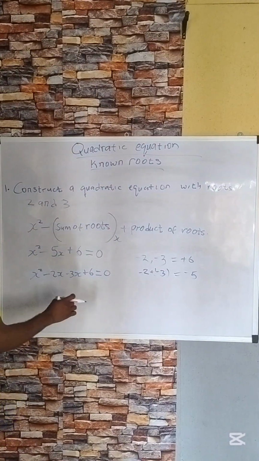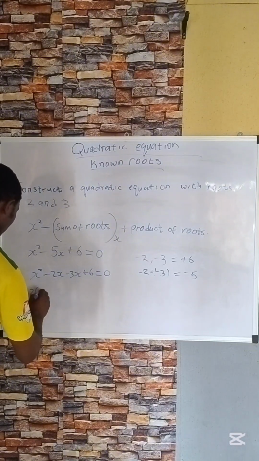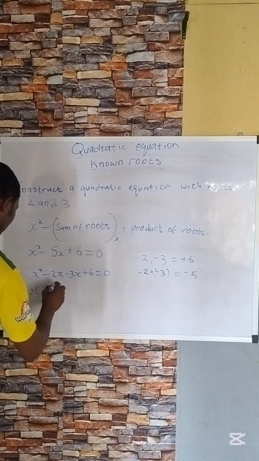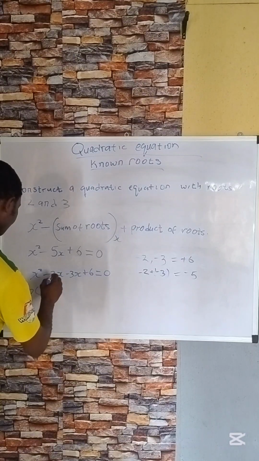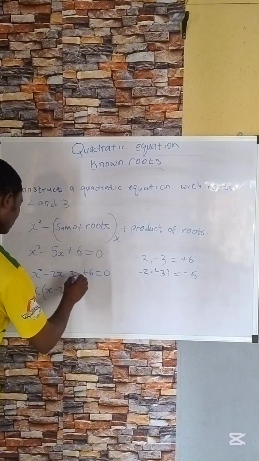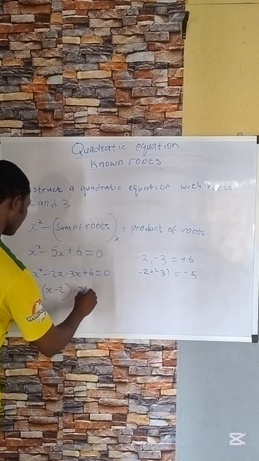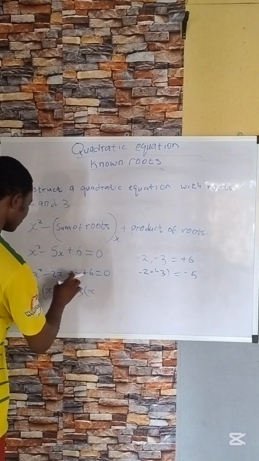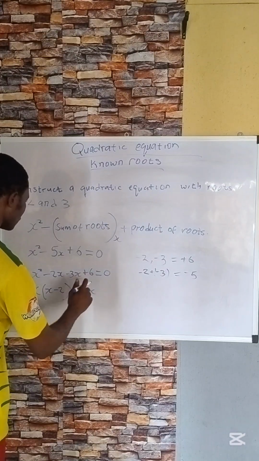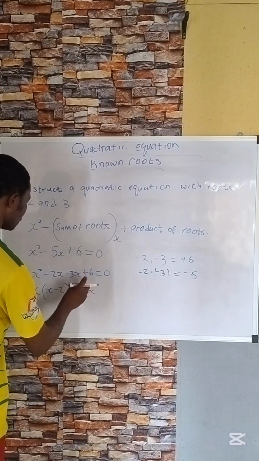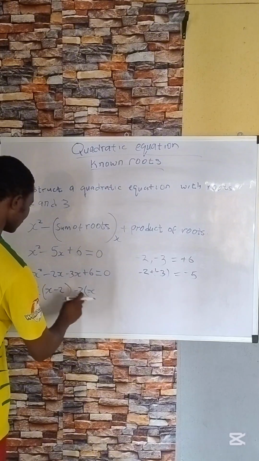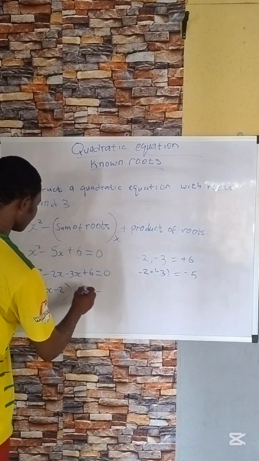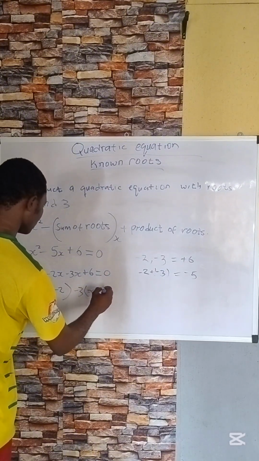Let's factor out the GCF: x bracket x minus 2, and then minus 3 times bracket x minus 2. Minus times minus gives plus, so the sign works out.